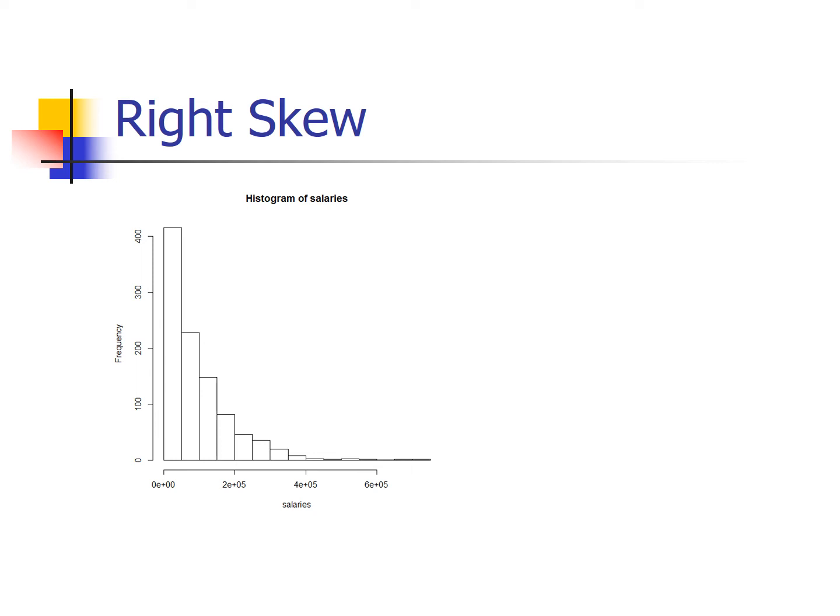Then we go one more bar over, and that's in the $150,000 range. And we keep going and going, with these ever-shrinking bars. At some point, we get into the $500,000 range. There's not a lot of people that make $500,000, but there's certainly some. And we go even further, into the millions. There's not a lot of people making $5 million, but there's some.